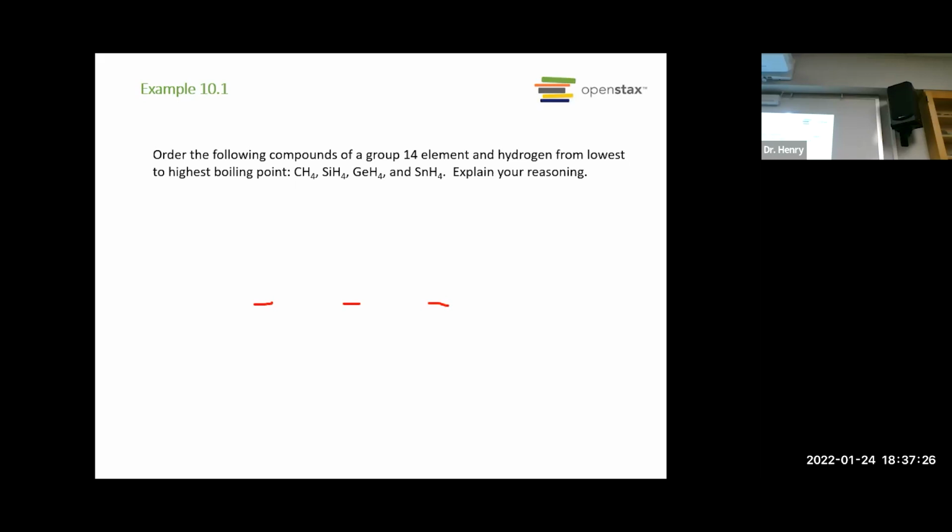Which one is going to give us the lowest boiling point, and which is going to give us the highest boiling point? Explain your answer.